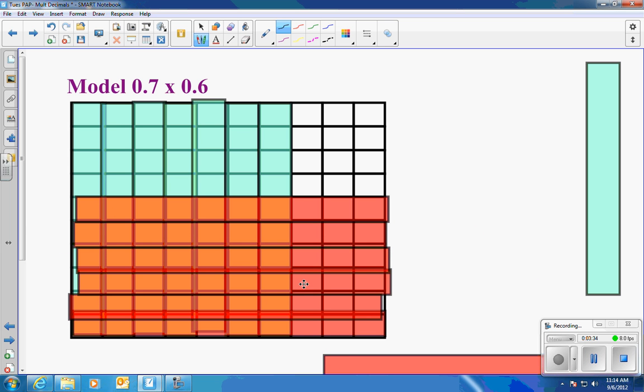What we're looking at is that this represents 6/10, and I only wanted a portion of that. So by shading this way, I'm saying I wanted 0.7 of that total amount. So again, remember that multiplication means of. So this is 1, 2, 3, 4, 5, 6, 7 times 6, that's 42. And those are 100 squares, so that is 42 out of 100, which is 42 hundredths.